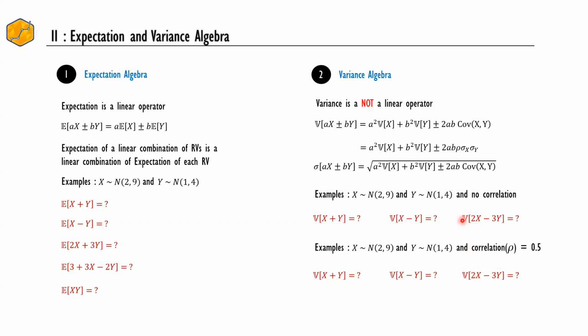A times B is 6. 6 times 3 and 2, that is 6. So 36. 72 minus 36, that is 36. That is correct. The 36 is a good number. If somebody asks you what is the standard deviation of 2x minus 3y, then square root of 36, that is 6. All right.